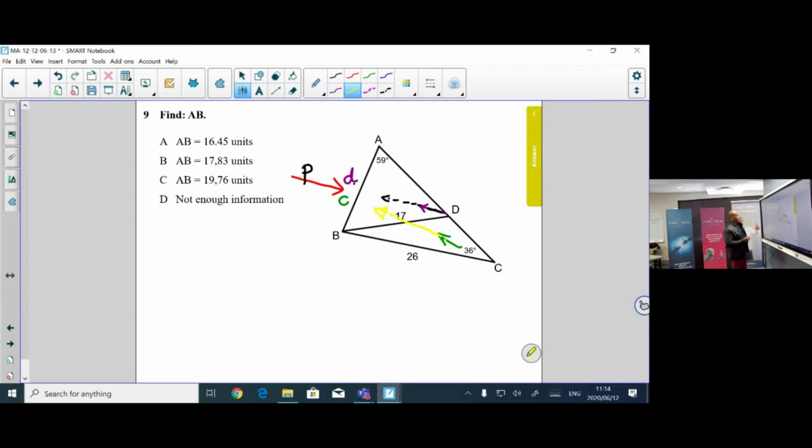So from C's perspective, this side would be related to C. So maybe you end up with something like your P over sine C, which you could use small c as well in this case, is equal to, then you look for any other side and angle that are already given.